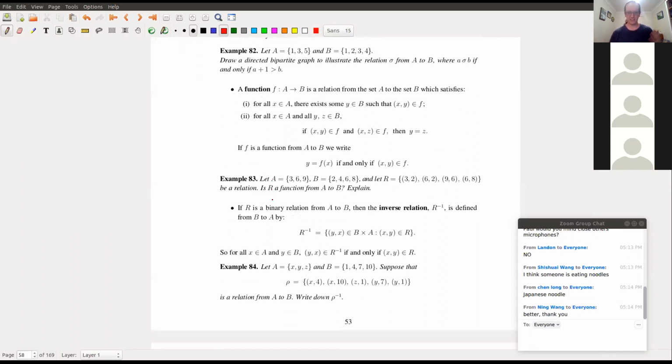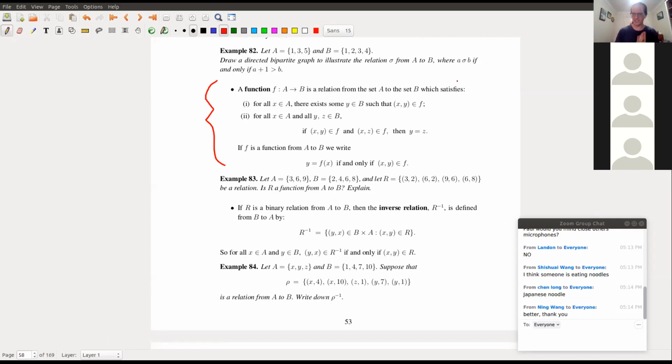Okay, so examples again. Okay, cool. Now we're jumping ahead. This is really the next section, so I'll say this really quickly. A function from A to B is a relation from the set A to B. Relations are really general.